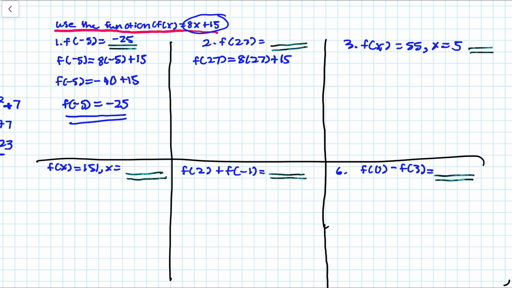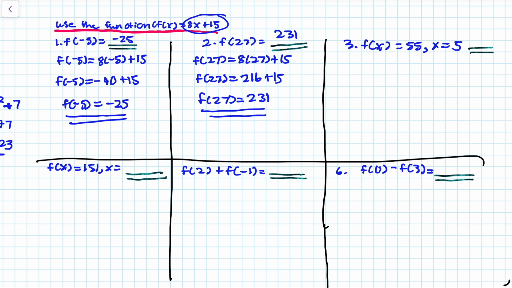So 8 times 27 is going to be 216 plus 15, and then you add them up, and 216 plus 15 would be 231. That's your final answer for this equation, 231.